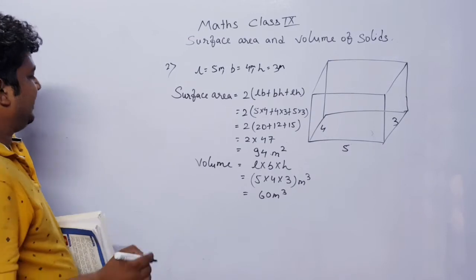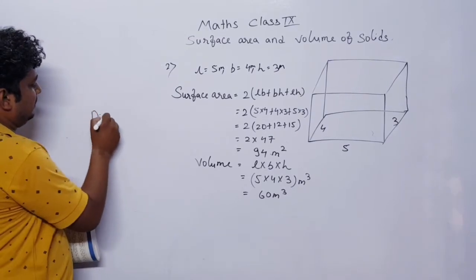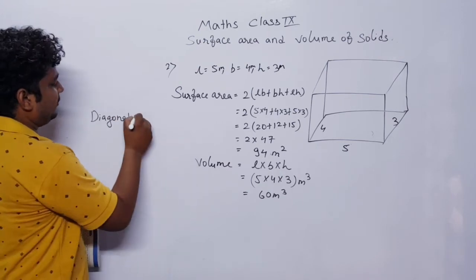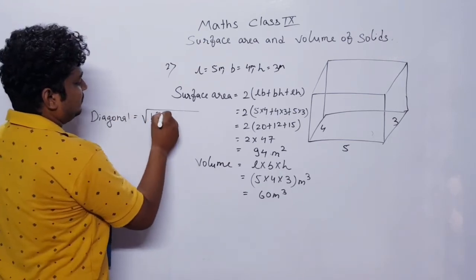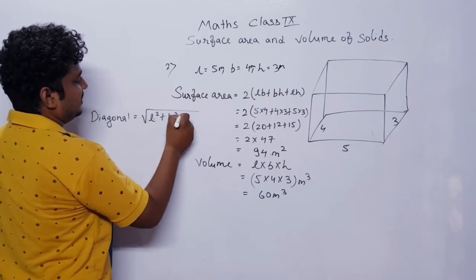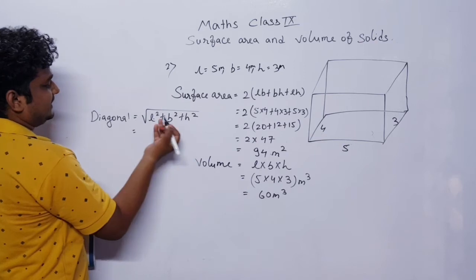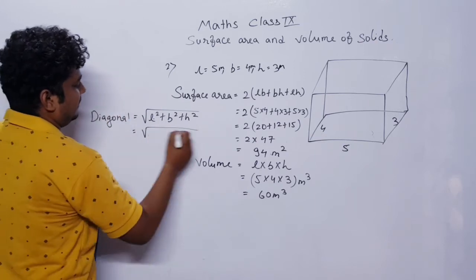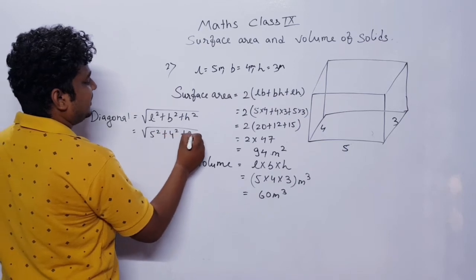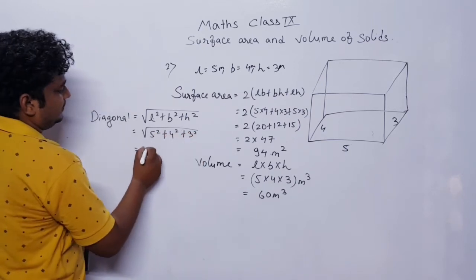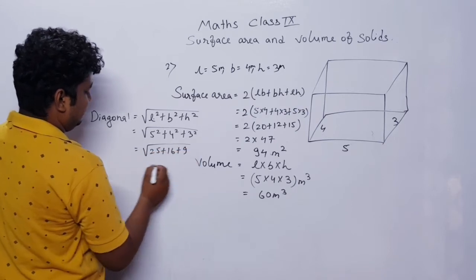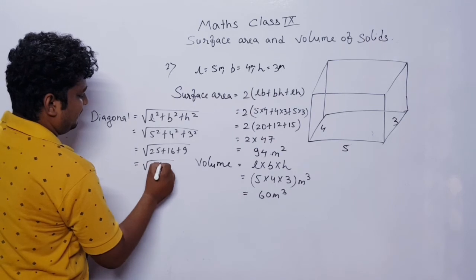Now we need to find the diagonal length of this particular figure. The formula for the diagonal is root over l square plus b square plus h square. L equals 5, so we write 5 square plus 4 square plus 3 square. Root over 25 plus 16 plus 9, so root over 50.